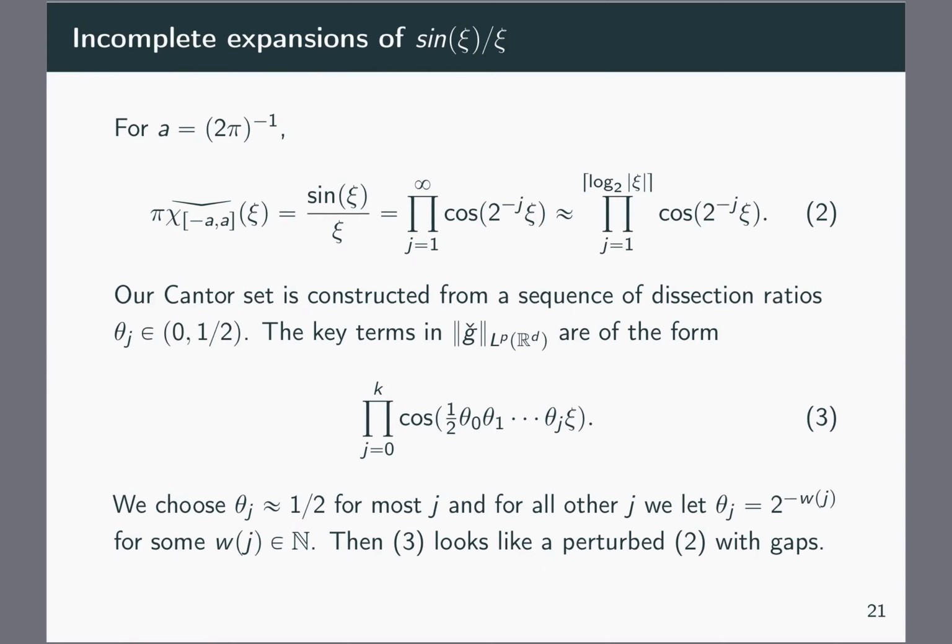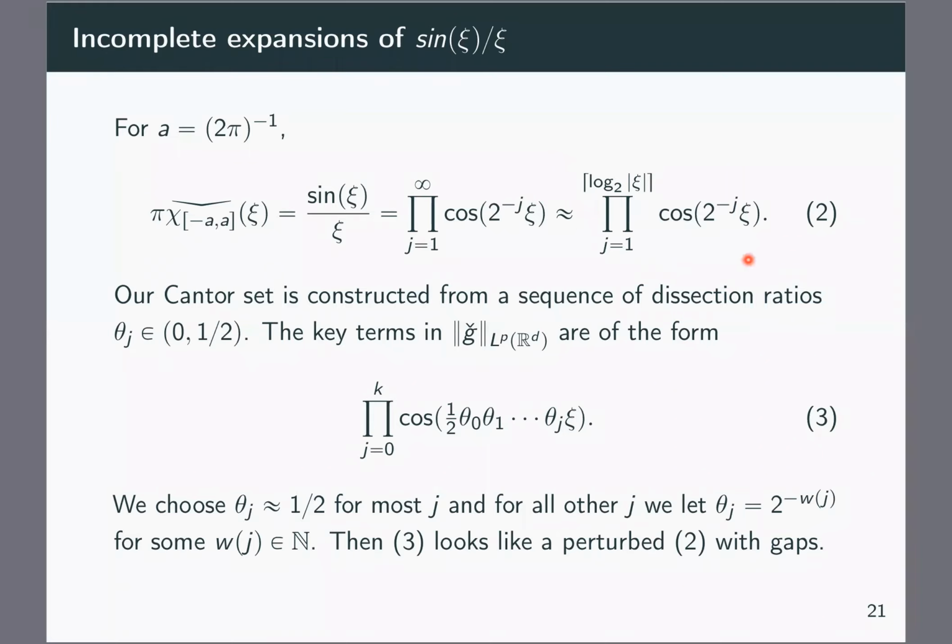If you normalize the interval appropriately, then the Fourier transform of the indicator of the interval is the sinc function sin(ψ)/ψ, and this can be written as an infinite product of cosines, like so. This can be proved, for example, using a telescoping argument where the double angle formula plays a key role.